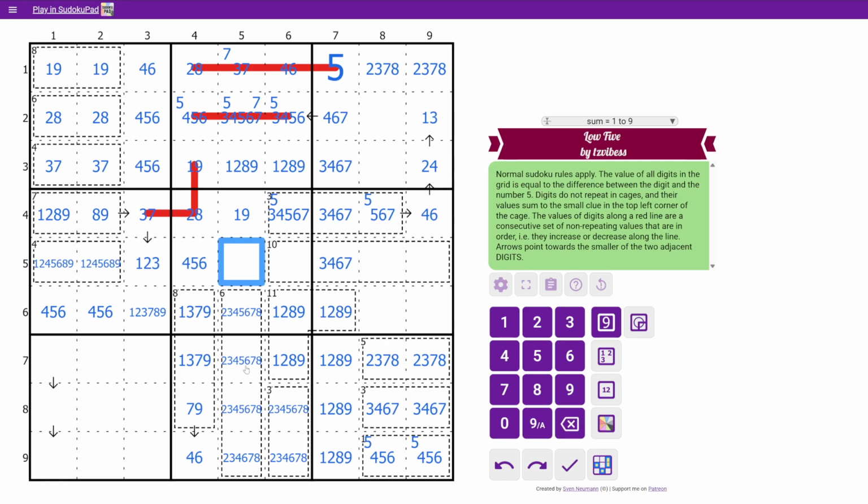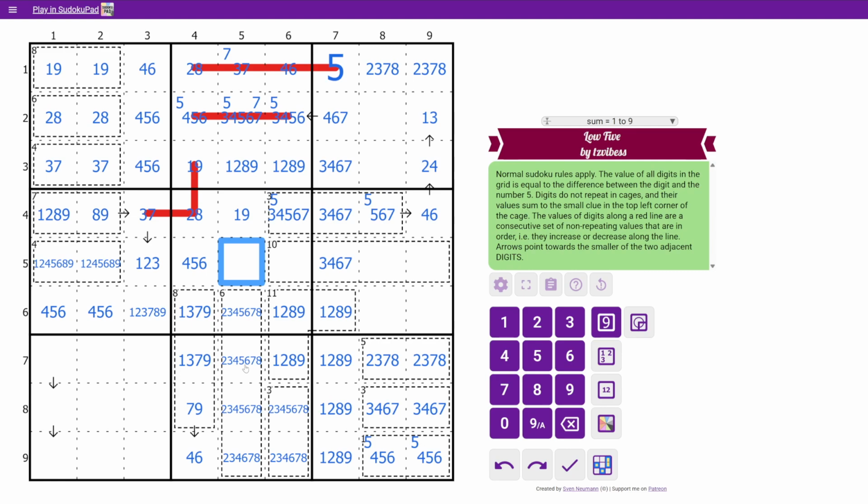Two, two, one, one. The other option, could it have a 0? Could it have 3, 2, 1, 1? No, that would be 3, 2, 1. It has to be 1, 2, 3, 0.